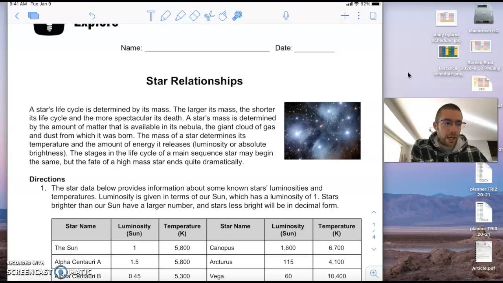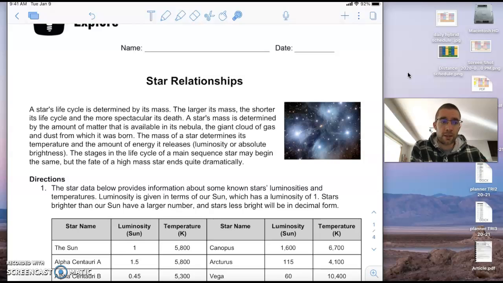Another word that came up a lot is this idea of luminosity. There's a lot of different ways to measure brightness of a star. We have absolute and apparent magnitude, which you'll learn about a little bit later, and then we have something called luminosity. And luminosity is more of a measure of how much energy stars are producing. And in order to get a luminosity, you need the radius of the star and then the temperature of the star.